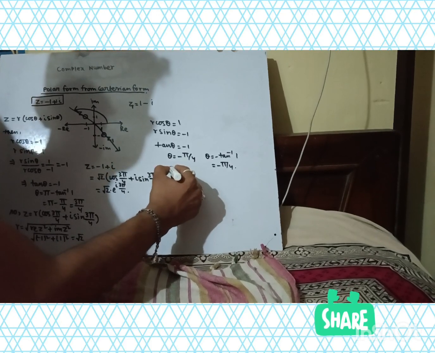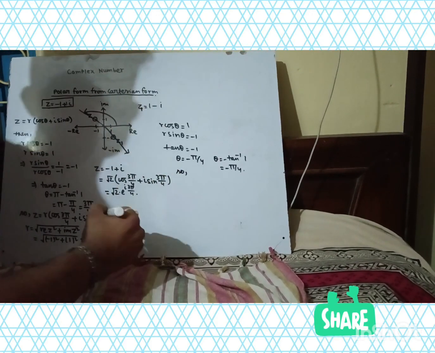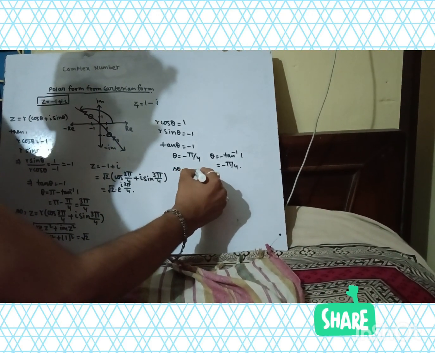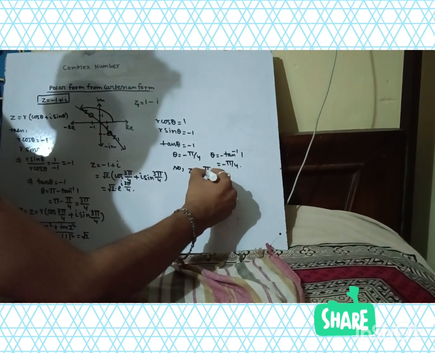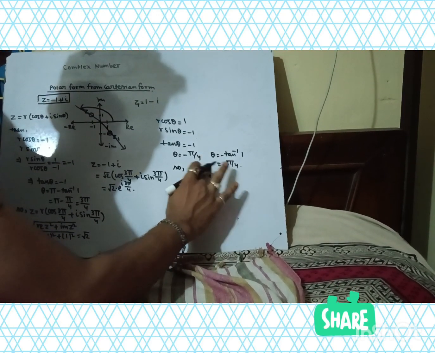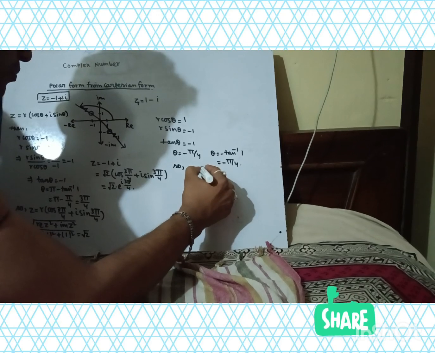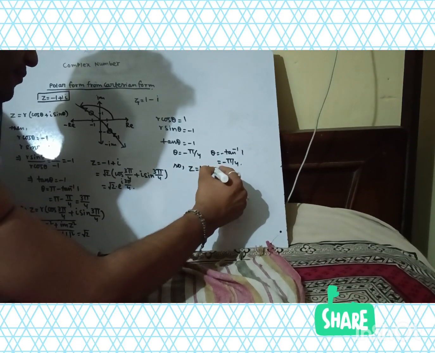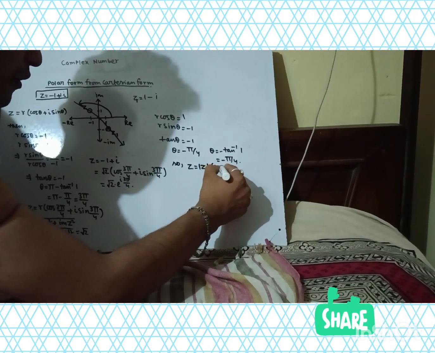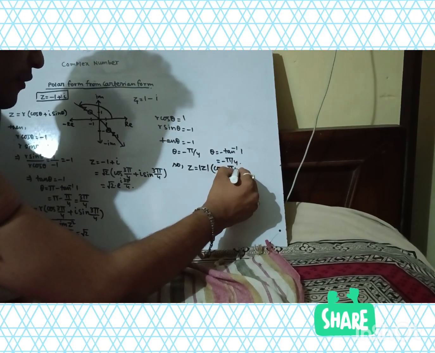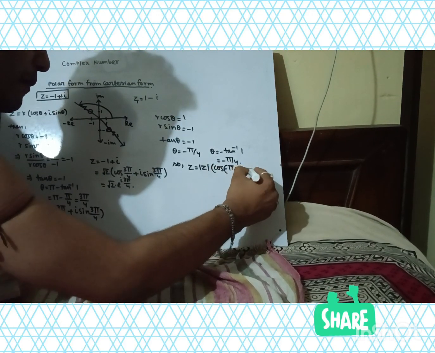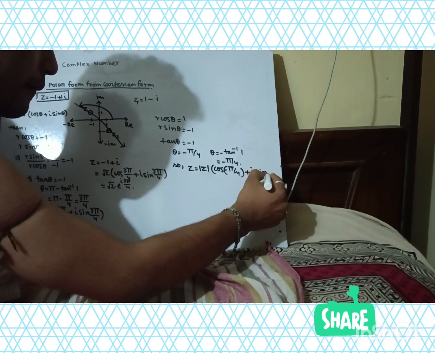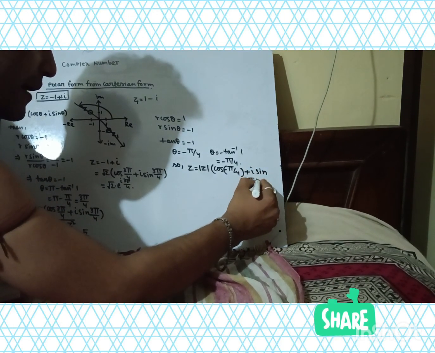So z is equal to modulus z (cos minus pi by 4 plus i sin minus pi by 4).